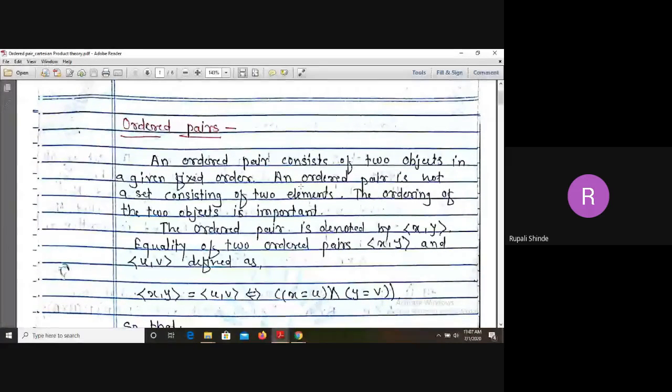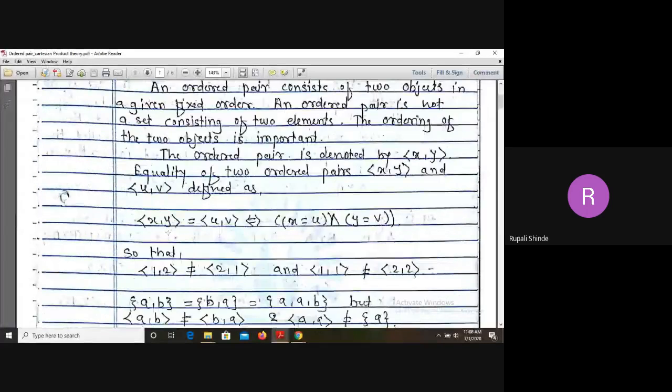We cannot change the order of those elements. So if you consider two different ordered pairs (x, y) and (u, v), then we can say that (x, y) equals (u, v) if and only if x equals u and y equals v. So ordering between these two pairs is very important.